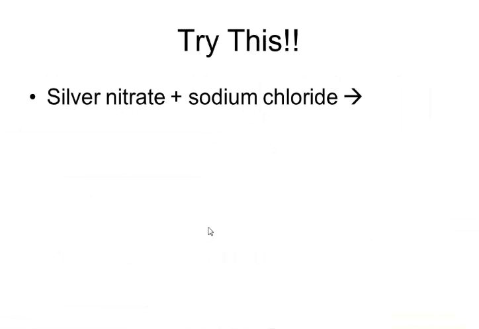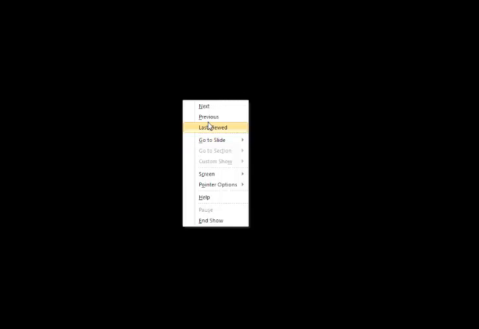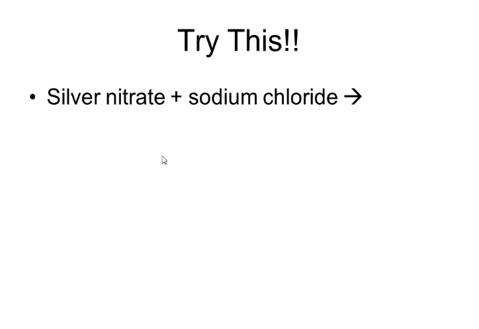All right, so I would like you to try to solve this. So the steps, just like Chapter 8, you're going to have to figure out what the products could be. And I'm going to tell you in this case, it is silver chloride is one product, and sodium nitrate is the other product.